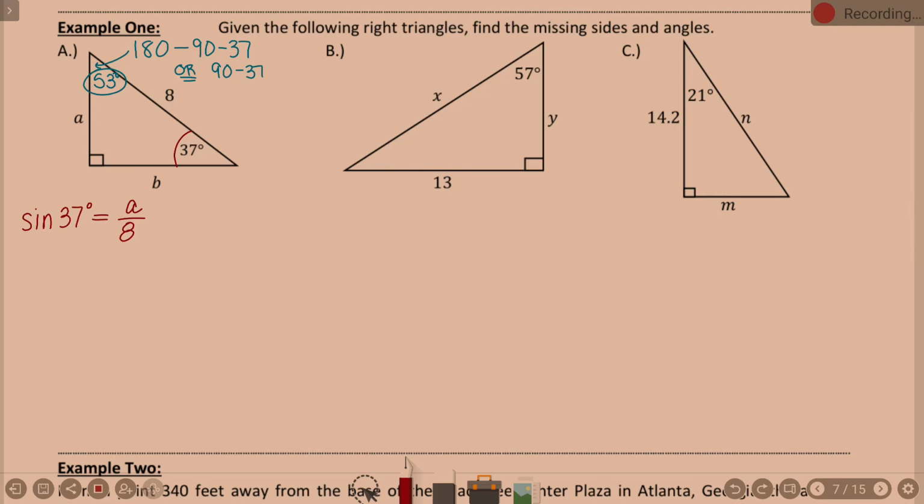Are we okay with that setup? Now, it's basic math at this level. How do you solve that equation for A? If it's A divided by 8, we're going to multiply by 8. So to get the answer for A, I'm going to have to do 8 times sine of 37 degrees.